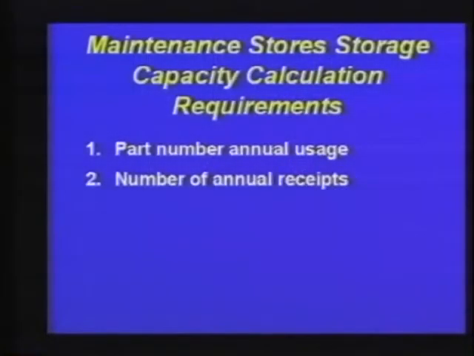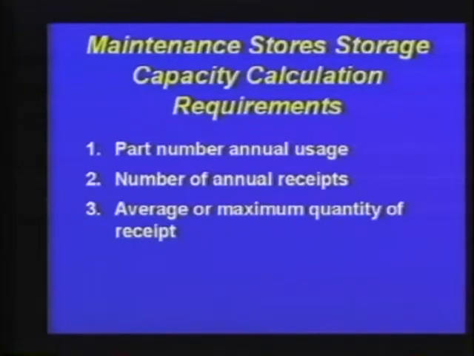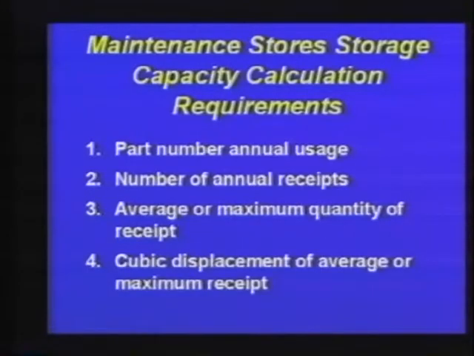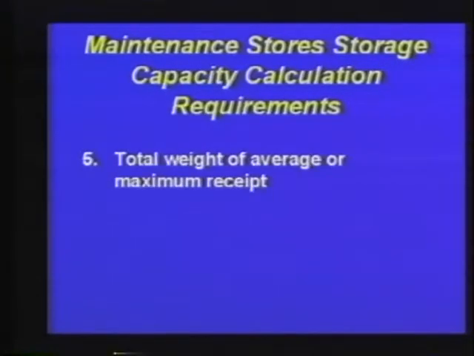First, I need a part number. I need the number of annual receipts. I need the average or maximum quantity stored, and I gave you that formula before. We want to calculate the cubic displacement of the average or maximum receipt. We want to also develop the total weight so that we can determine the proper storage facility.